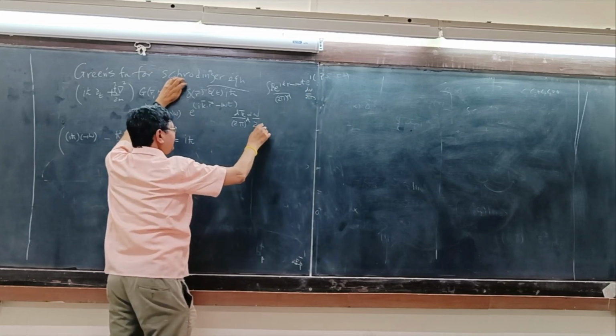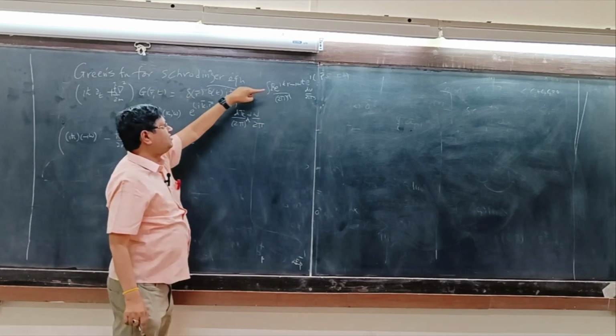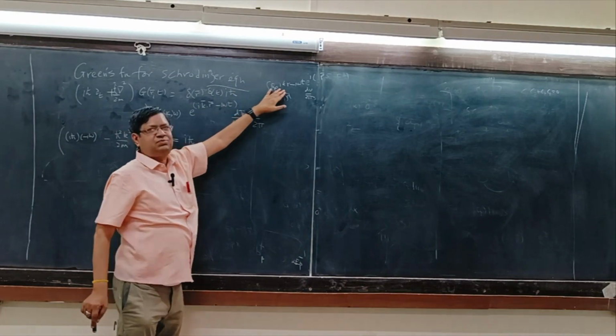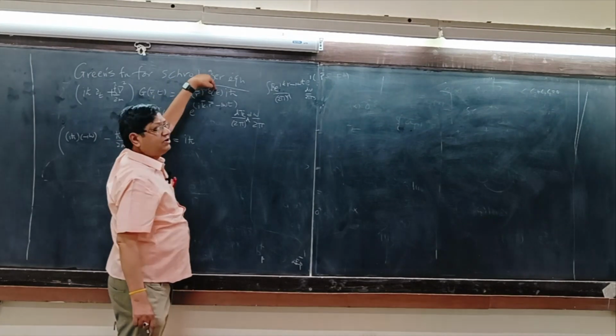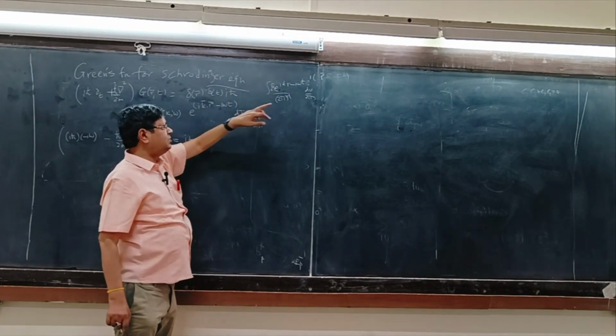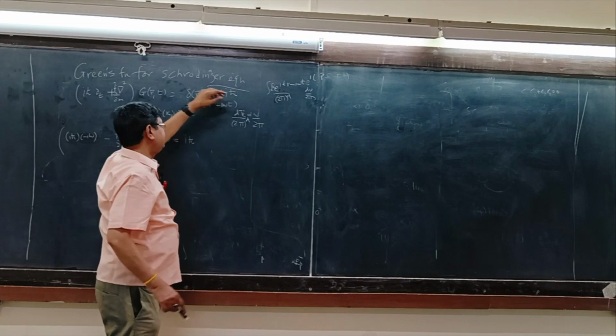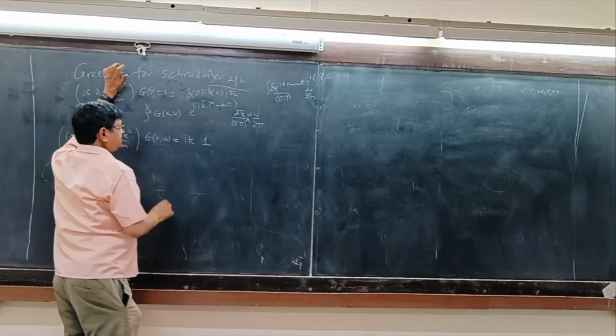This part is common in both sides, the exponential also. So if I do the integral with dk and d omega, I'll get 1 times i h bar.